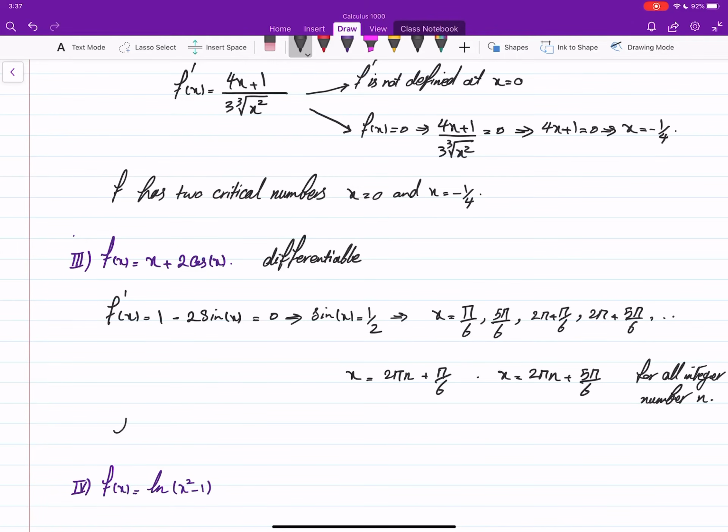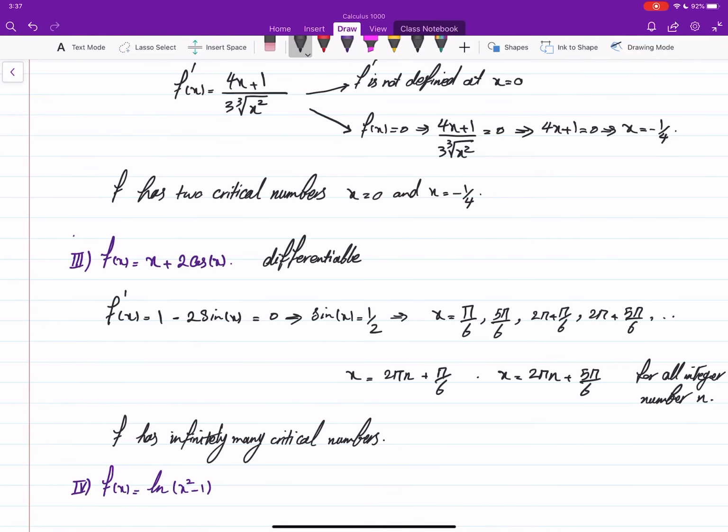This means that f has infinitely many critical numbers. These are the numbers we have.